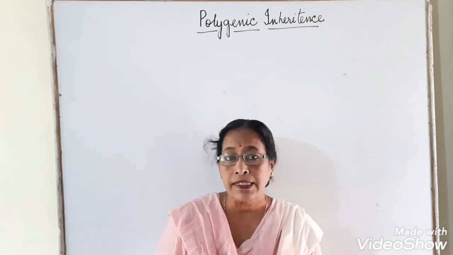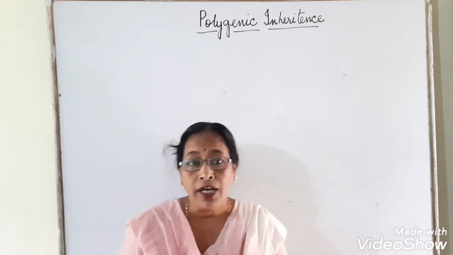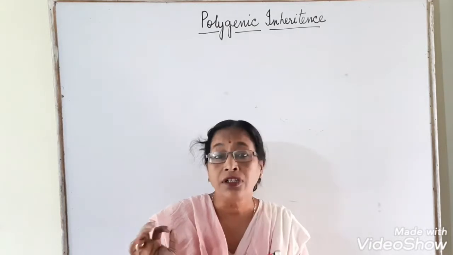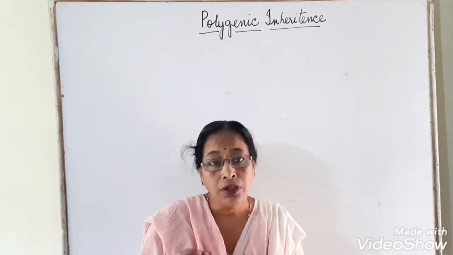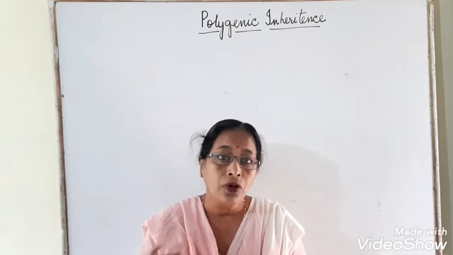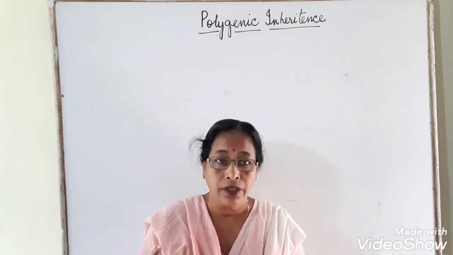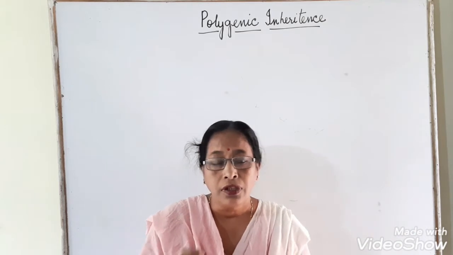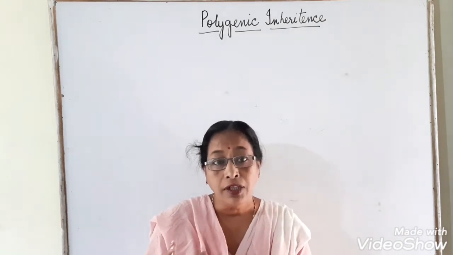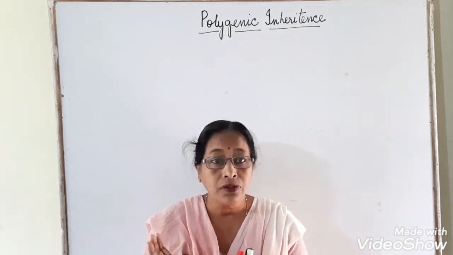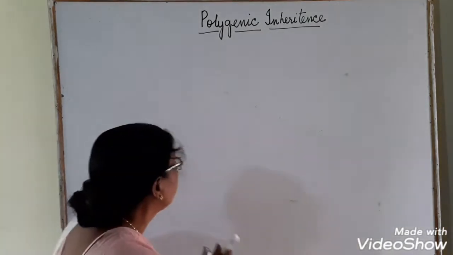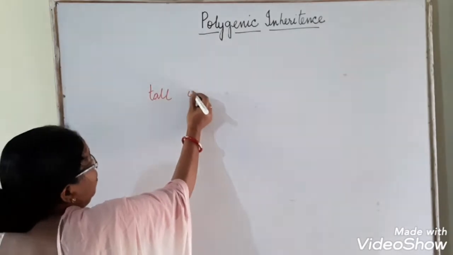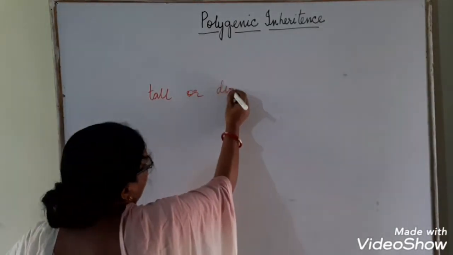Mendel described the discrete differences between the alternative forms of alleles or characters, and it showed discontinuous variation. In other words, Mendel described his characters as tall or dwarf.